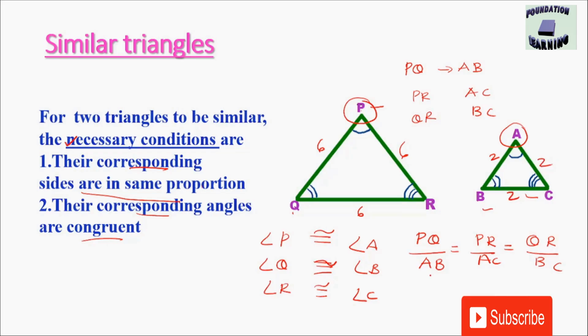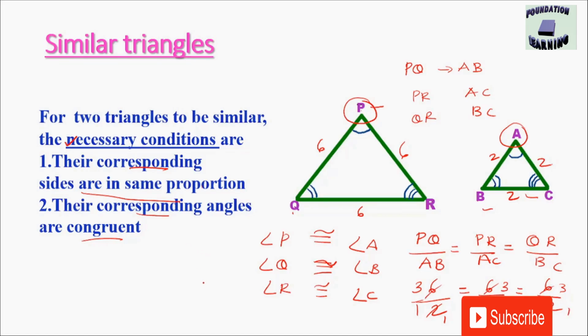PQ is 6, AB is 2, two threes are 6, so you get the ratio 3:1. PR is 6, AC is 2, QR is 6, and BC is 2. Everywhere we are getting 3:1.